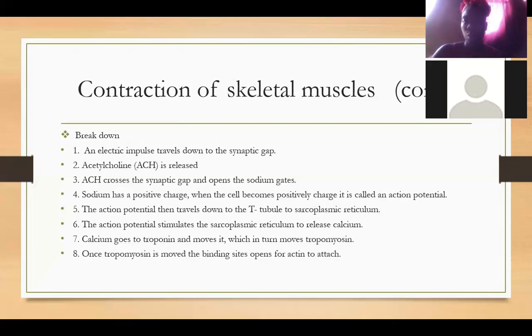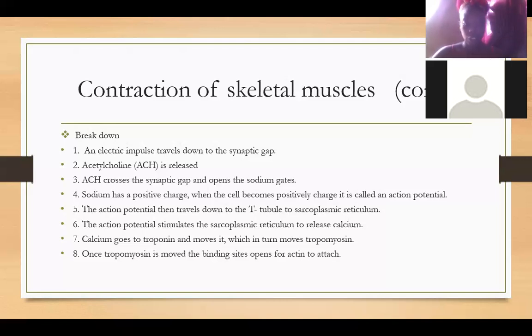The synaptic gap is a junction that the electrical impulse cannot cross. So when it travels down to the synaptic gap, it stimulates a chemical that could cross the gap to be released. Understand what I'm saying so far? Yeah, it's getting clearer.